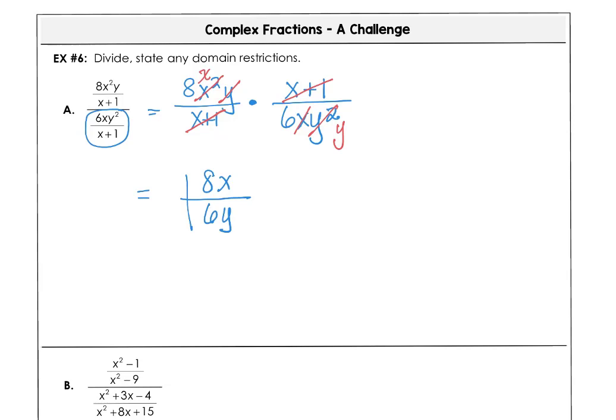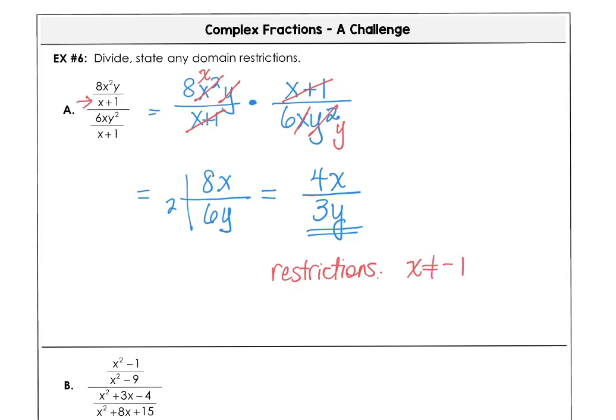And if we reduce those two down, 2 divides both of those evenly, we end up with 4x divided by 3y in that complex fraction. And our restrictions are going to come from everything down here and the x plus 1. So we've got restrictions for this complex fraction. We can't have -1. We can't have x be 0. We can't have y be 0. And I think that's all.